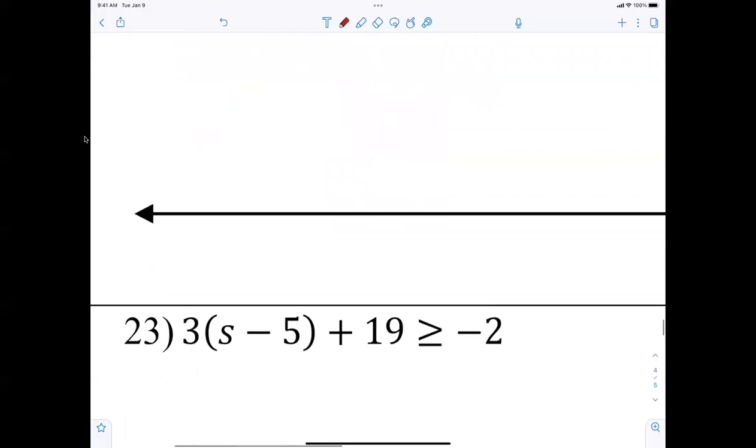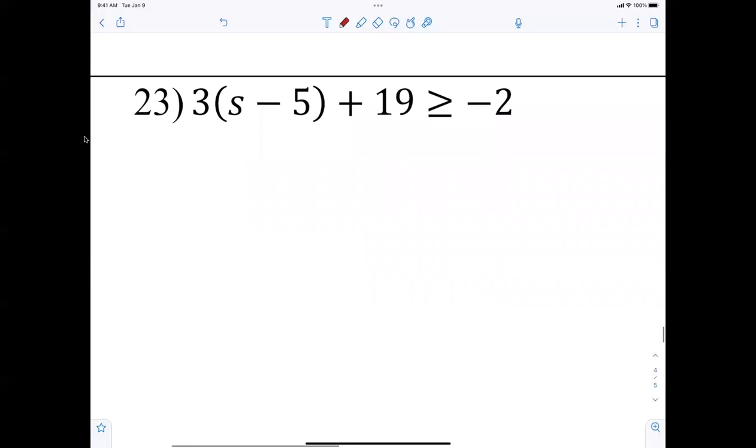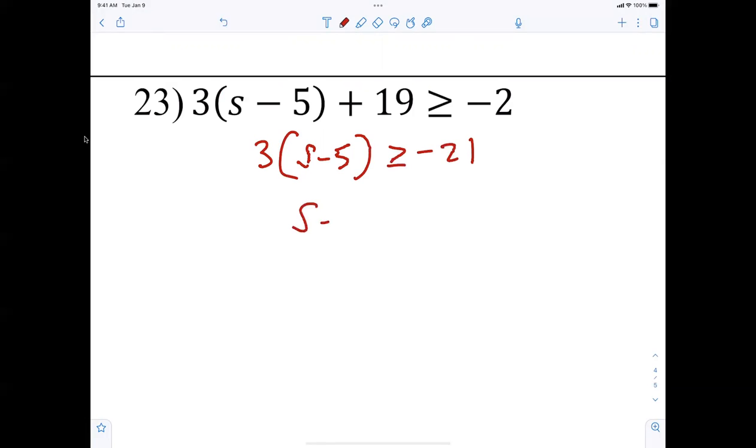All right, here we go. Let's knock out 23. This is another one, really simple. Subtract 19. 3s minus 5 is greater than or equal to -21. Divide by 3, s minus 5 greater than or equal to -7.